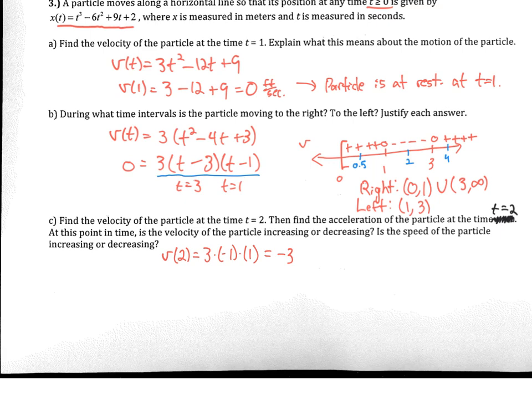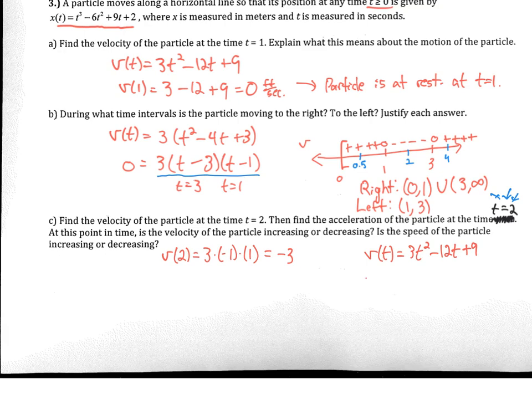And it also asks us to find the acceleration of the particle at time t equals 2. Remember, I asked you to change this time to t equals 2, not t equals 1. So what we need to do is take our velocity and find the acceleration from the velocity. So I'm going to do that work over here. My original velocity function was 3t squared minus 12t plus 9. This is before I started factoring it.